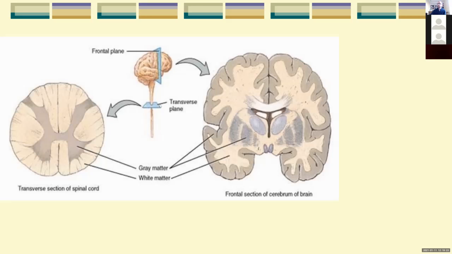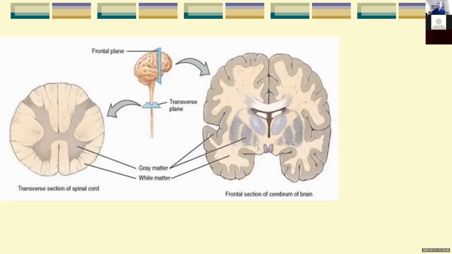Remember, this is a cross-section of the spinal cord. It's a transverse plane, and you see all of these myelinated axons bound close together. Then you have gray matter, where you find unmyelinated axons, so there's no myelin on these axons. This is also where we find the dendrites and the cell bodies of the neurons. So when you see white matter, we're just talking about those myelinated neurons.